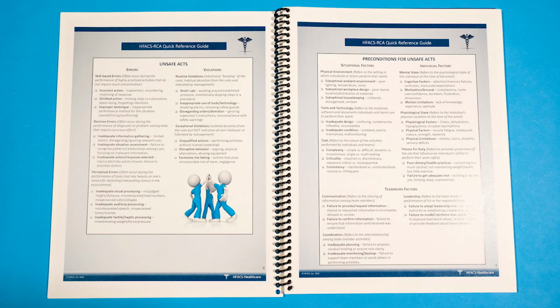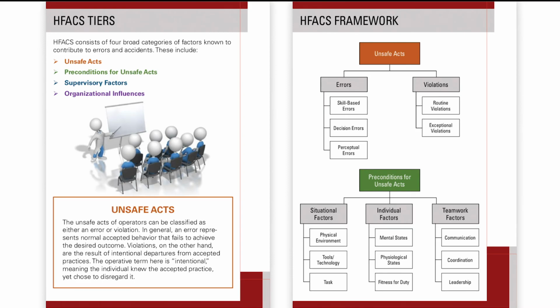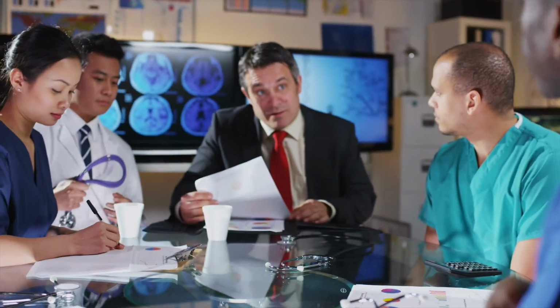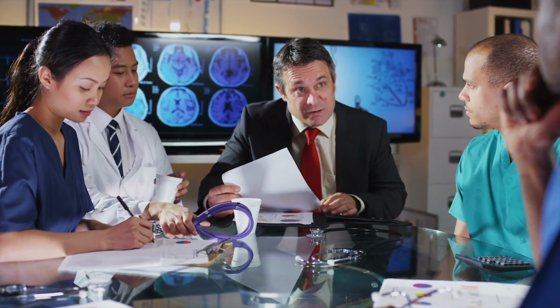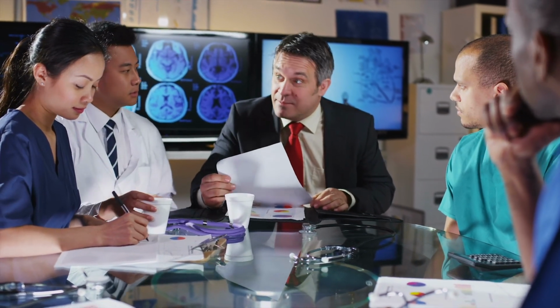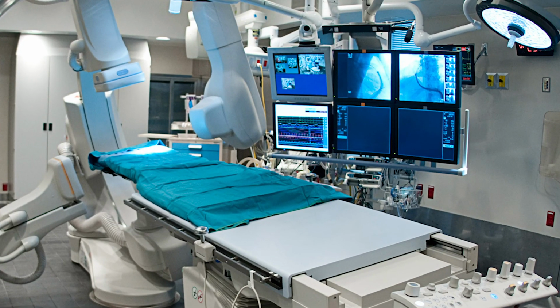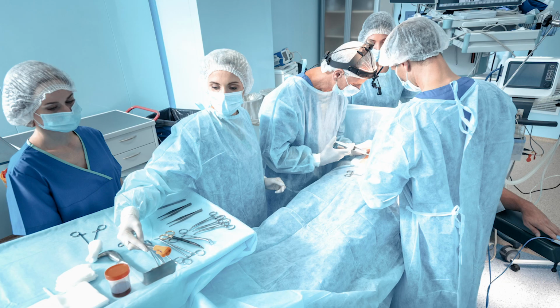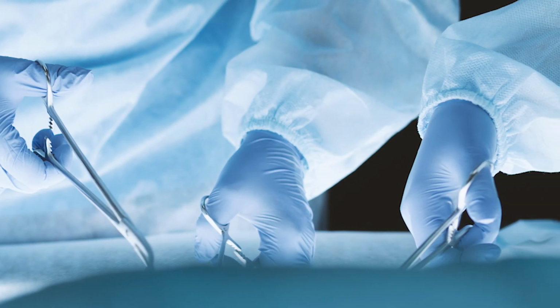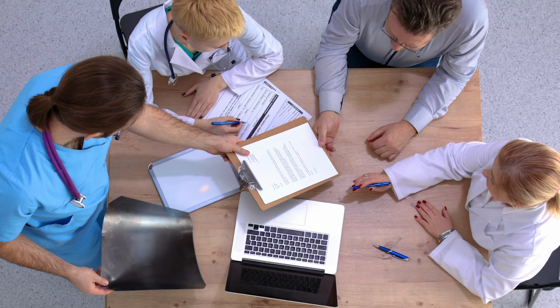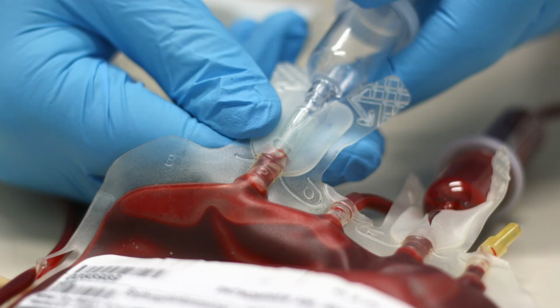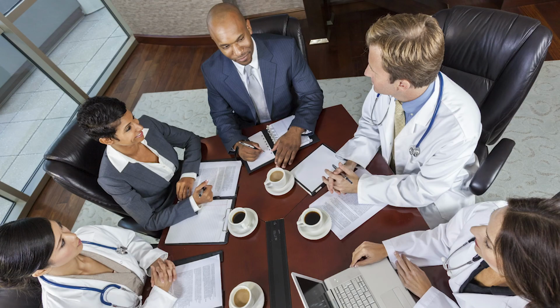Using a systems approach, the HFACS RCA toolkit allows investigators to gather and analyze information known to impact human performance, including the designs of tools and technology, teamwork and communication, tasks and procedures, and supervisory and organizational factors such as culture, processes, and resource management.